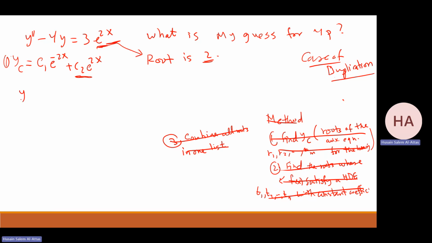Now let me do it this way. y double prime minus 4y equals 3 e to x. What are the roots coming from here? Minus 2 and 2. What are the roots coming from here? 1.